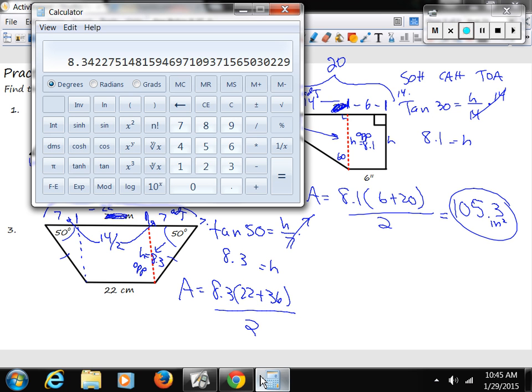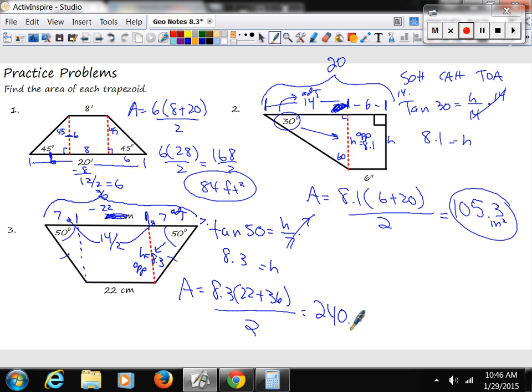So we're going to do the 22 plus the 36, that's not plus. 22 plus 36, that's going to give you 58. You're going to times that by 8.3. That's going to give you 481.4 divided by 2, 240.7. And that would be square centimeters.